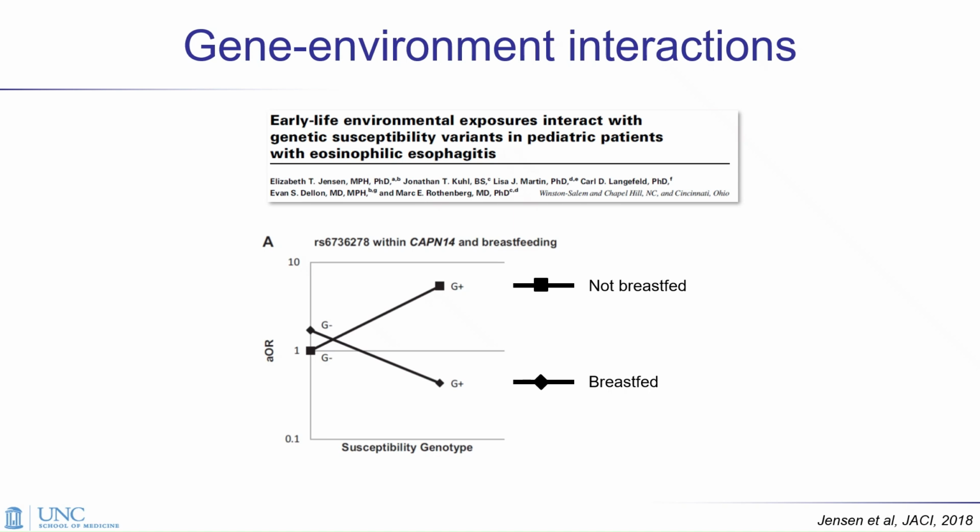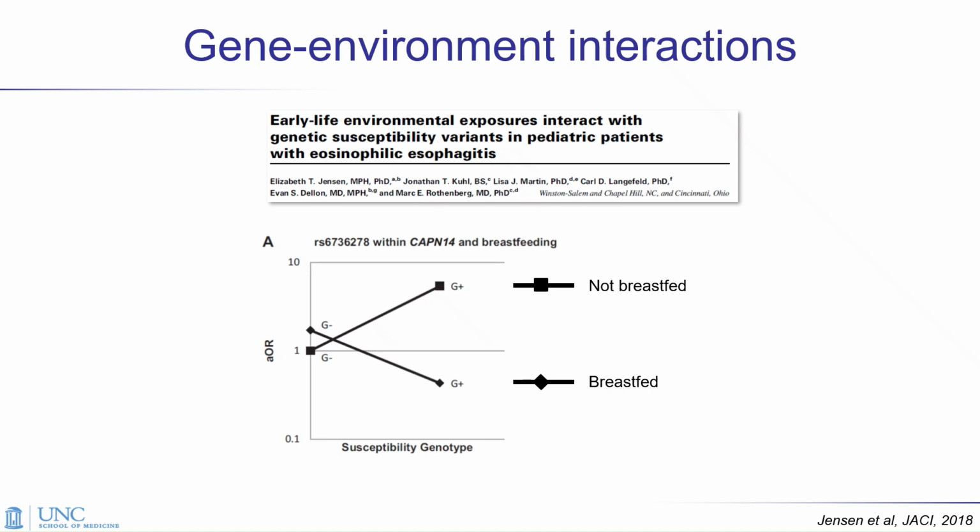Instead, it's likely that exposure may only make a difference if there is perhaps a genetic susceptibility or some other predisposition to then get EoE. And this was a study done with Elizabeth Jensen and colleagues where we looked at that possibility using breastfeeding as a risk factor.